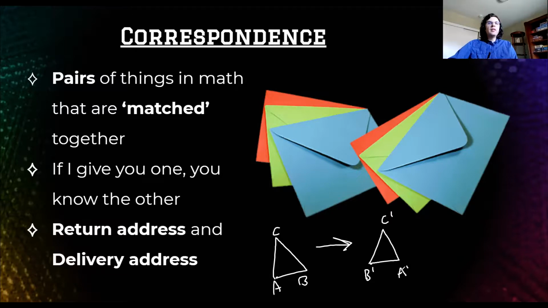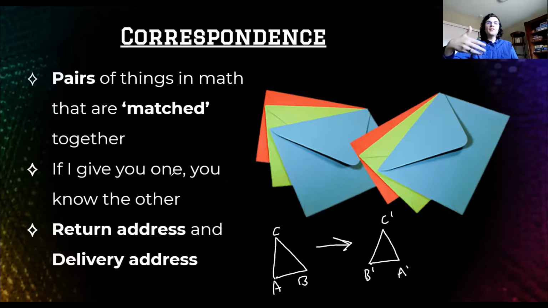The B and the A flipped because it's a reflection, and so B prime is corresponding to B because the reflection flipped them. So it's not just where they are, left, right, or up. It's specifically which one goes to the other one. If I give you B and I say this is a reflection across a vertical line, you will know where to find B prime. That is what makes correspondence special. If I give you one, you know the other.